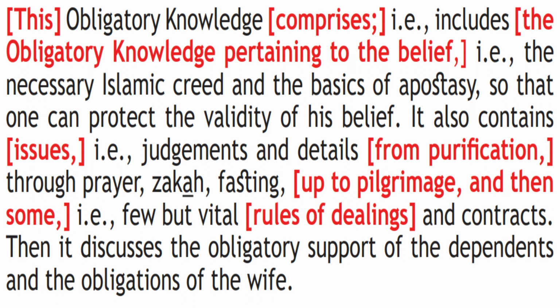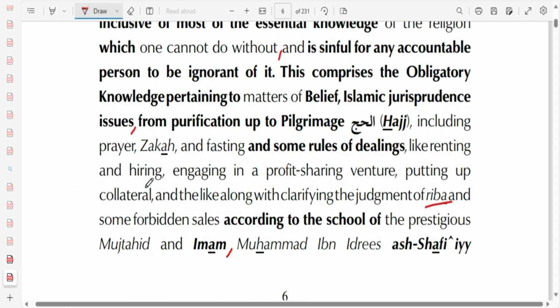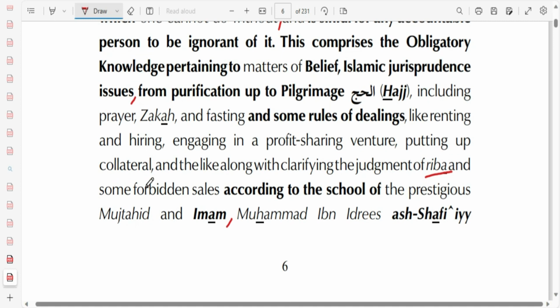And then some rules of dealings, like renting and hiring. We'll talk about that when we get to it, inshallah. Engaging in profit sharing. That's when one party has the money and the other party does the trading. Trading in particular, nothing more, not cooking, not something else. One party has the money, one party does the trading, and then they split the profits.